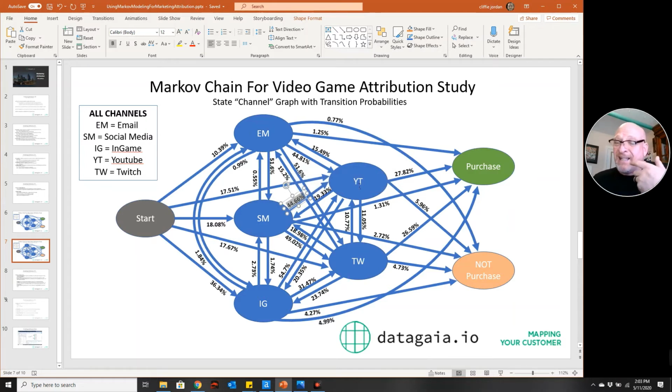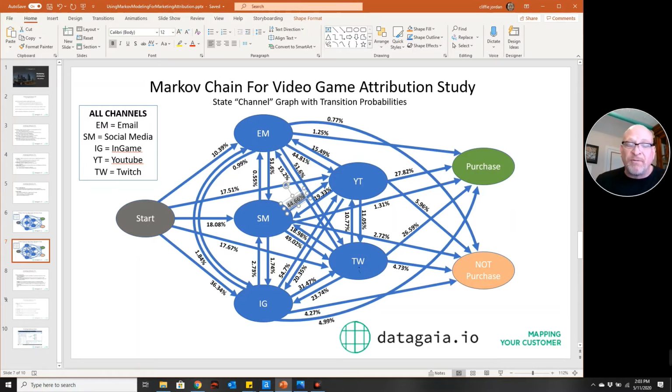Then the probability that the next thing that he's going to get and open would be an email is 15.49%. So that would put him here. And then the probability of going from email to Twitch, clicking on that Twitch link, is a 51.6% probability. So that would bring him here.